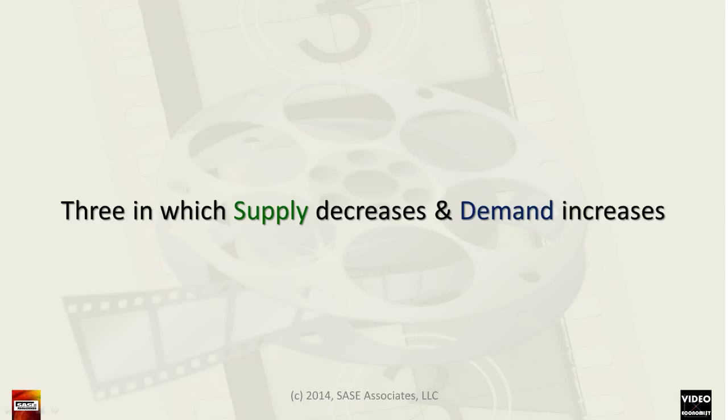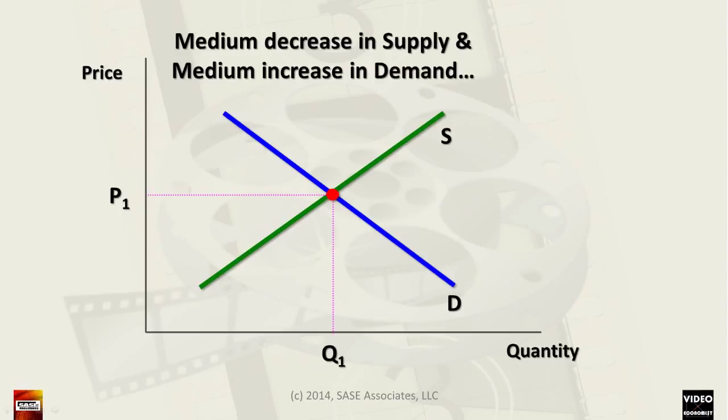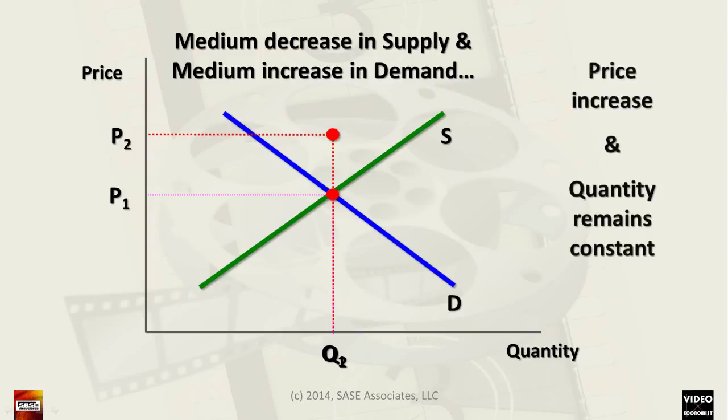As with all the preceding examples, the relative magnitudes of the shifts will determine the net changes to equilibrium price and quantity. In the first example, we consider a medium decrease in supply accompanied by a medium increase in demand.